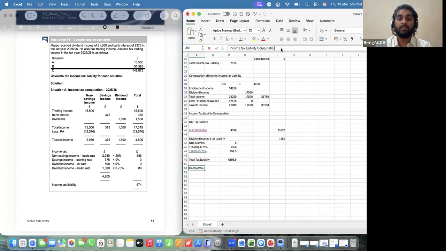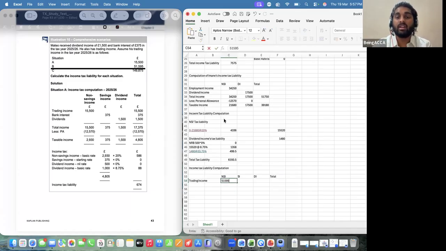Always remember: non-savings, savings, dividend, total. First we have trading income of 51,595, and our non-savings income would be 51,595.